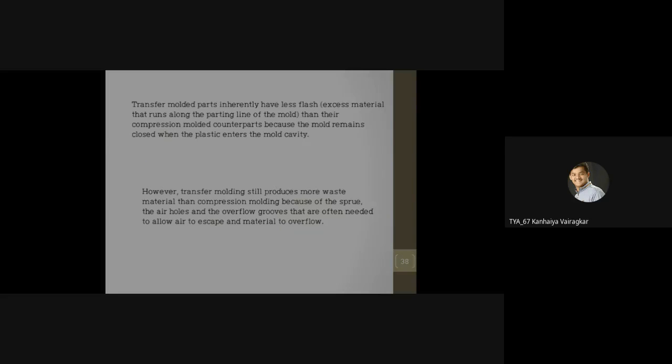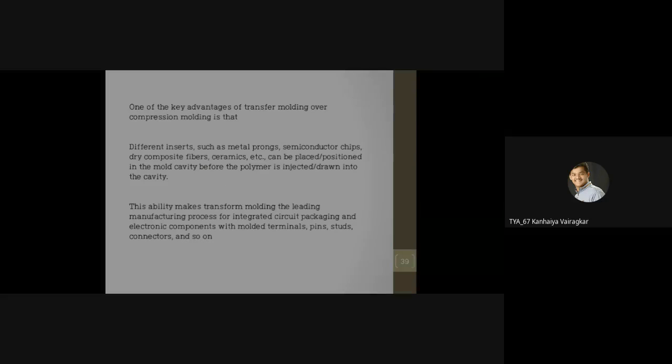So it is a sprue that is required to be removed by using a finishing operation. Though flash is not there, we are getting scrap in the form of this gating system, in the form of sprue. That was there in the second statement: transfer molding still produces more waste material than compression molding because of the sprue. Getting it? So this sprue will be like waste material.